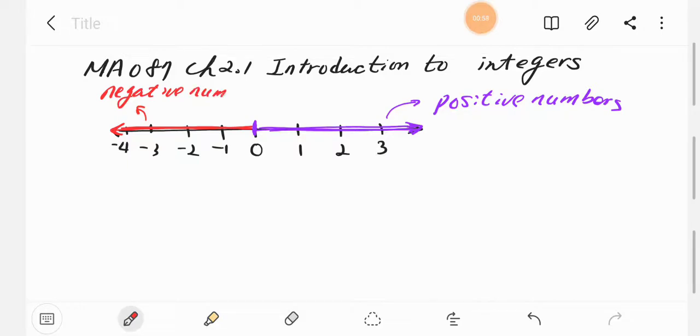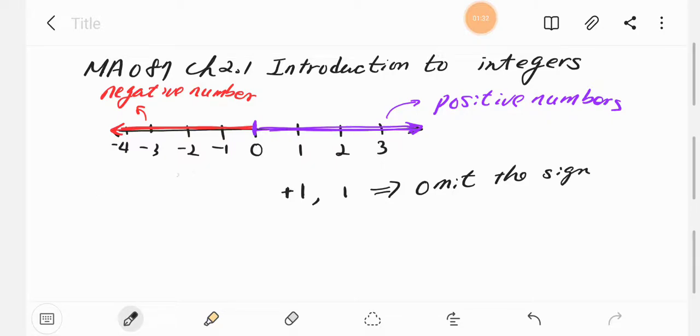Positive numbers have a positive sign. For example, 1 is a positive number, so you can write positive 1 or 1. For positive numbers, we usually do not write the plus sign, so we always omit it.